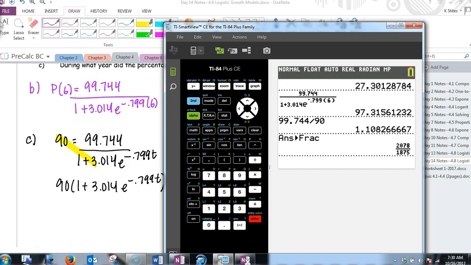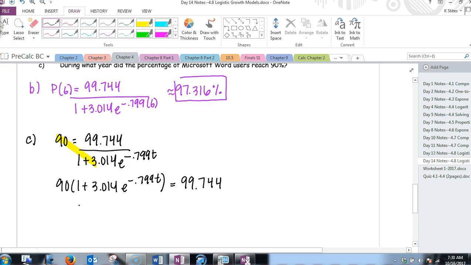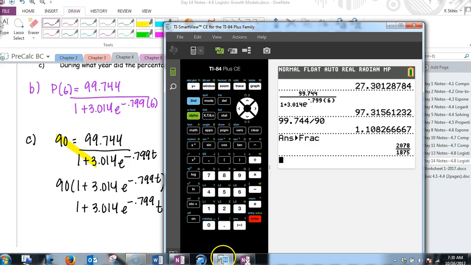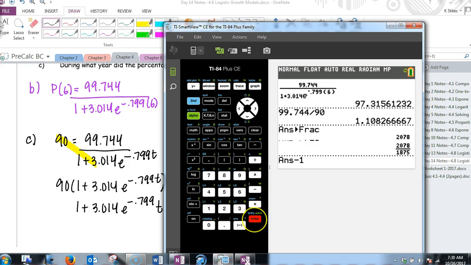That's pretty. All right, so that was 2078 over 1875. Yep, okay, and then I'm subtracting 1 from that.